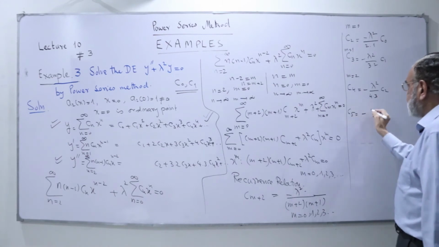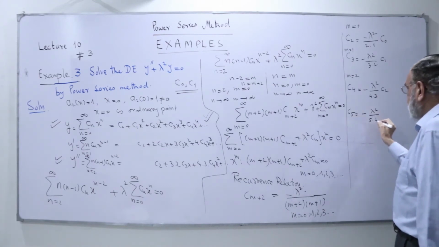Similarly, C5 is minus λ² over 5 into 4, times C3.